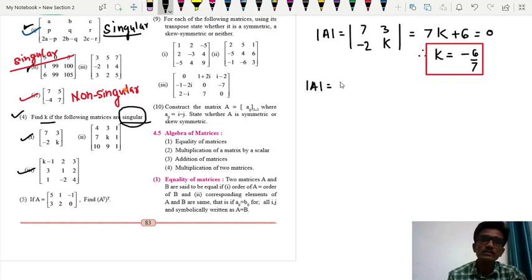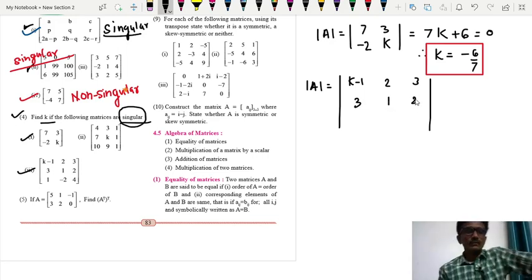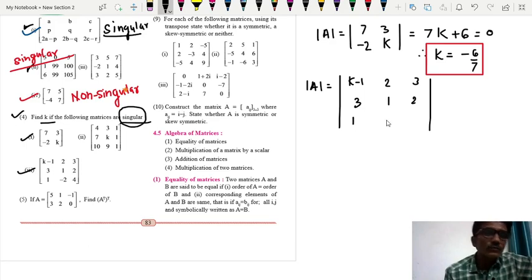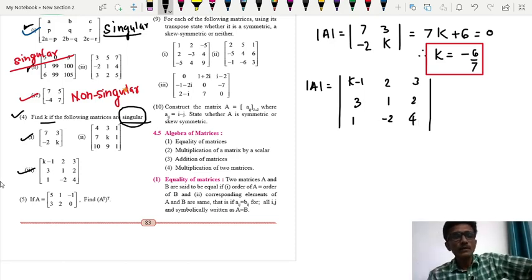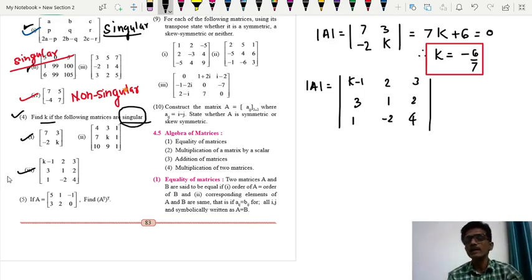Determinant of the matrix k minus 1, 2, 3, 3, 1, 2, 1 minus 2, 4. See, k minus 1, 2, 3, 3, 1, 2, and 1 minus 2, 4. See, this matrix is what? It is a singular matrix, so therefore determinant of this matrix must be equal to 0.